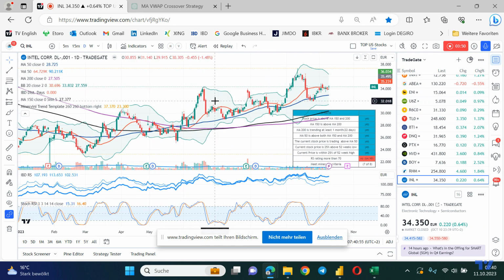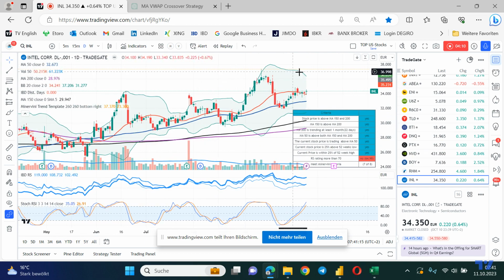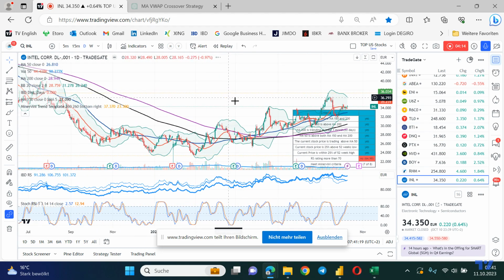Okay, that's an interesting one here. It's Intel. This is not oversold with regards to these indicators, but it has a nice relative strength performance. 7 out of the 8 Minervini indicators are being met. It does have a nice consolidation period here.